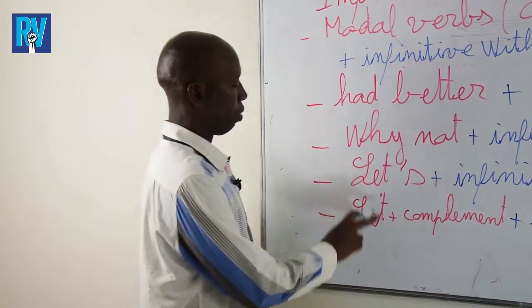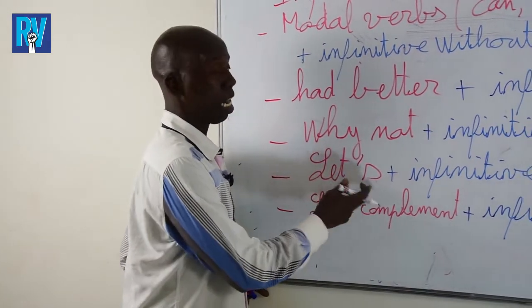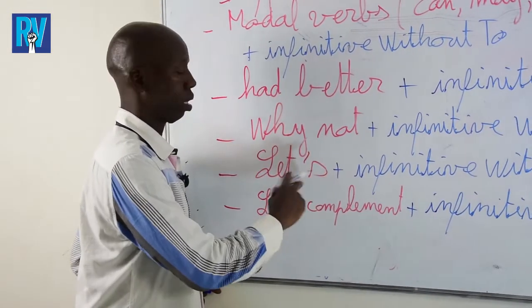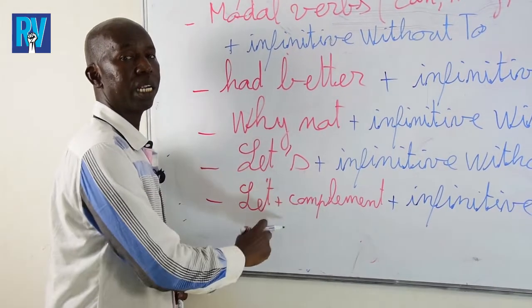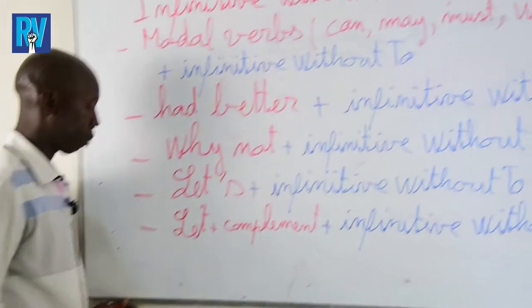Okay? And there is a difference between these two lets. Là c'est l'impératif. Let's take, let's work. Ça c'est l'impératif. Et là c'est le verbe laisser. Hein? Let me work. Laisse-moi travailler. C'est pas la même chose.